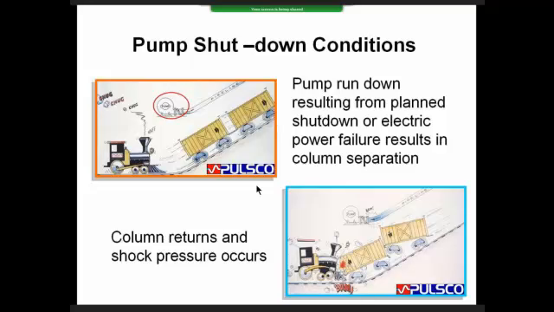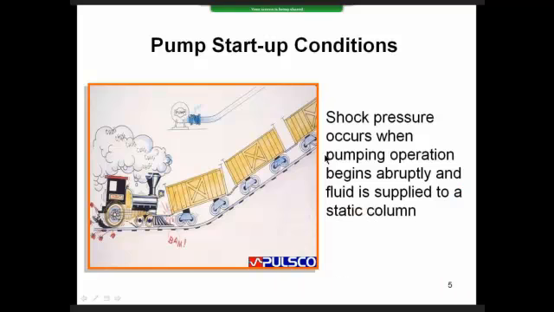The water has a lot of inertia, and it keeps moving, and it can actually separate from the water column, and then due to gravity and other forces, it can reaccelerate, change direction, come back, and impact on the pump and cause a very high pressure surge. So that's probably the single most common situation of concern when we look at transient analysis.